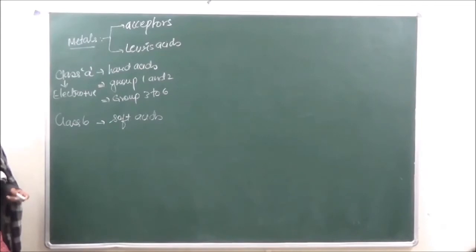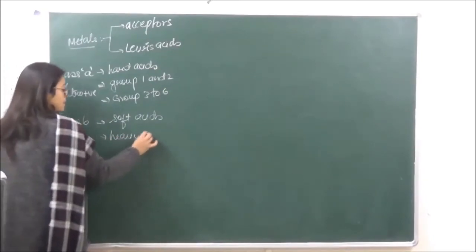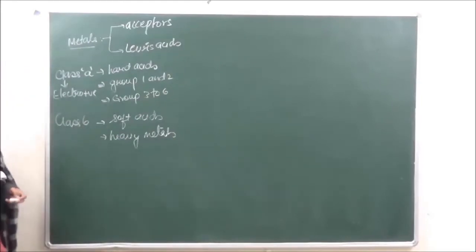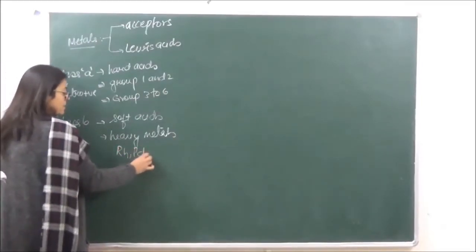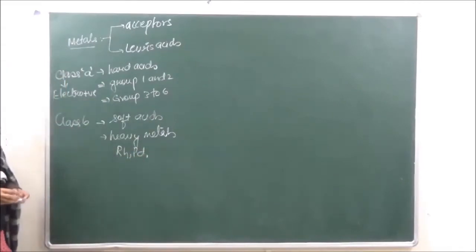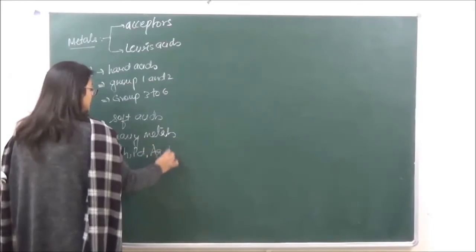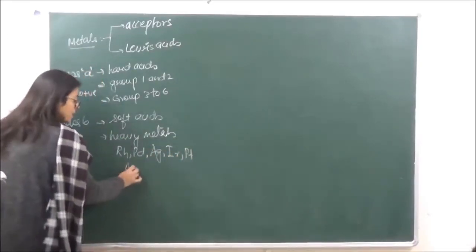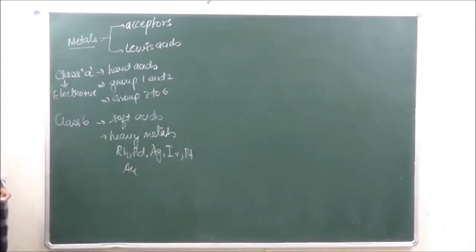These are going to be less electropositive and they consist of heavy metals, of the type rhodium, palladium, silver, iridium, platinum, gold. So all these heavy metals are going to come under this category.